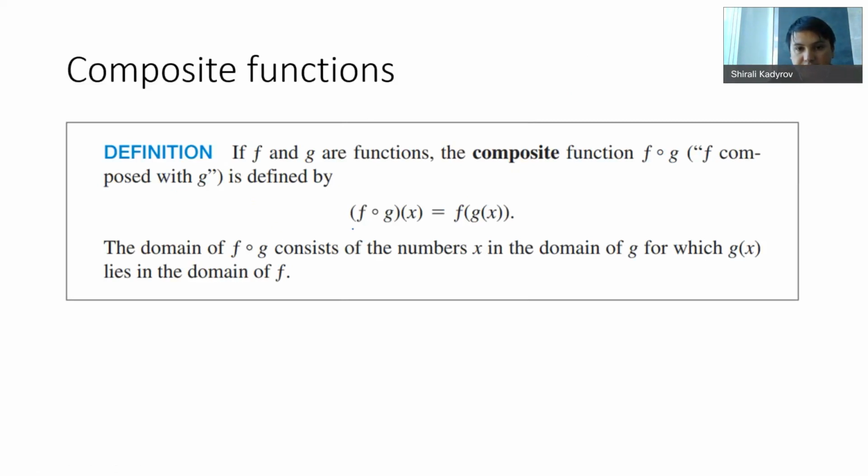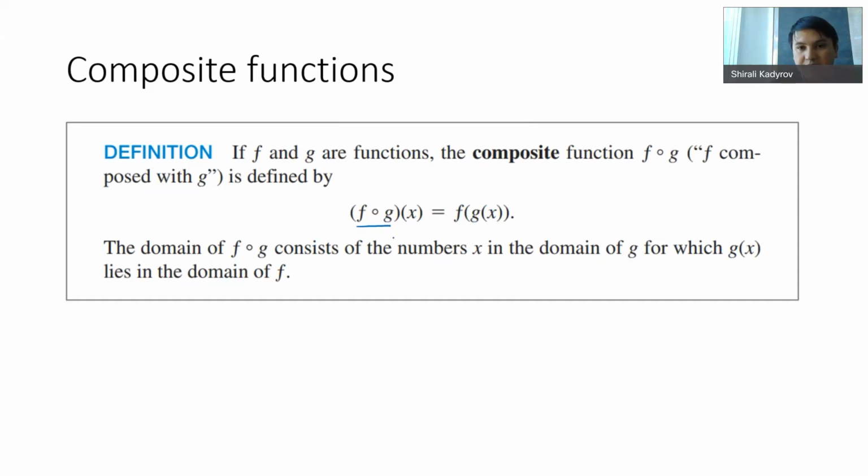So here's the definition: f composite with g of x is equal to f of g of x. What is the domain here? The domain consists of all numbers x in the domain of g, for which g of x lies in the domain of f.